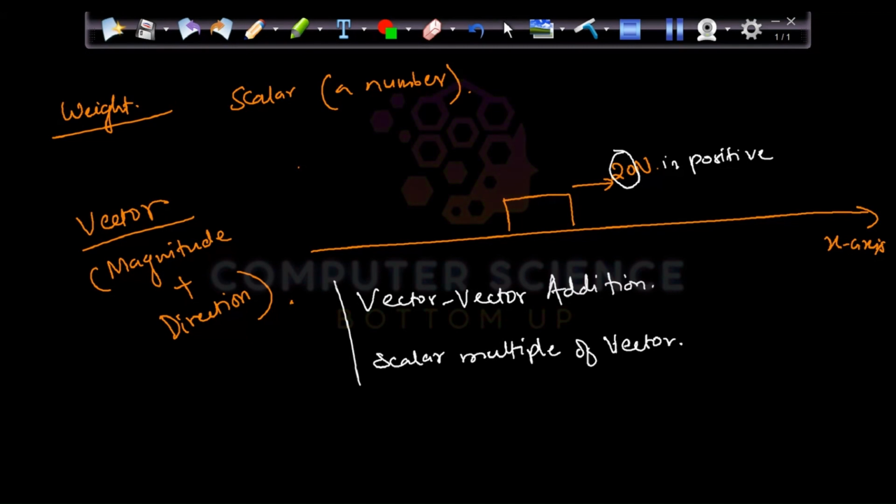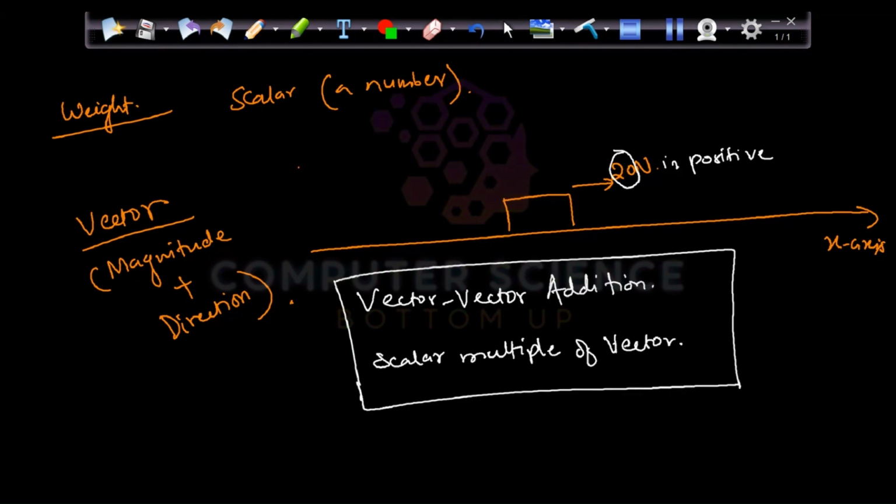And believe you me, everything else related to vectors, any vector operation, can be written in terms of vector multiplication with a scalar and vector addition.